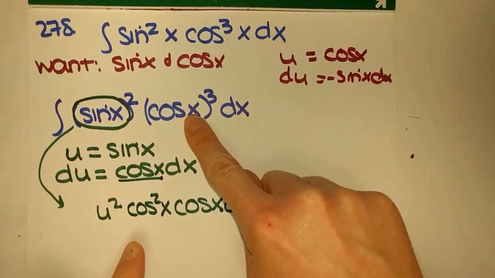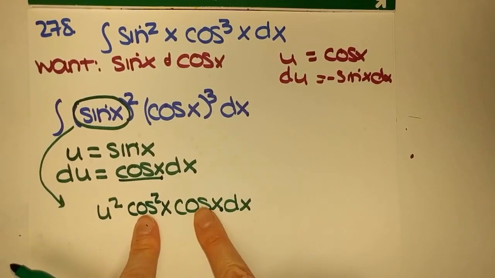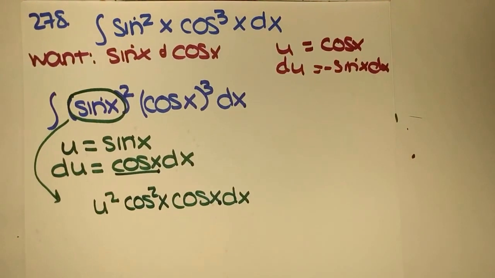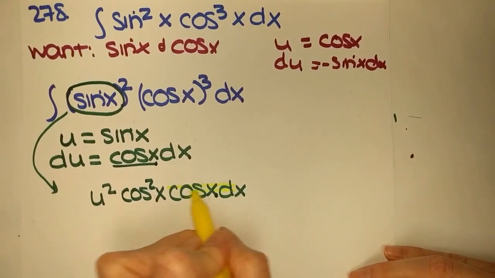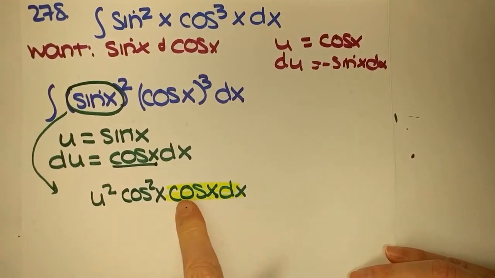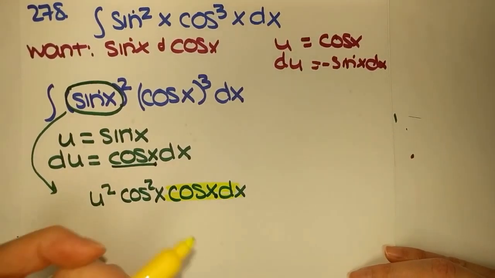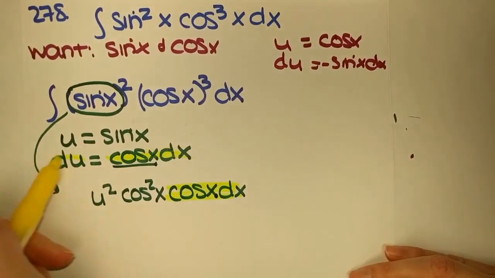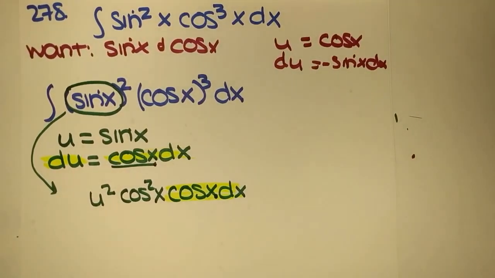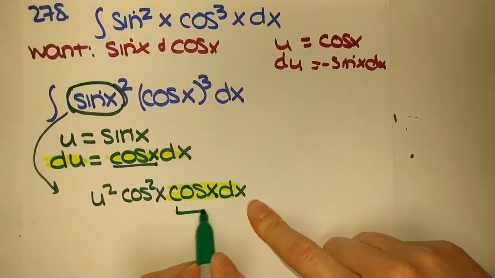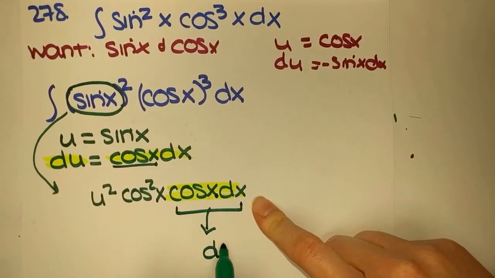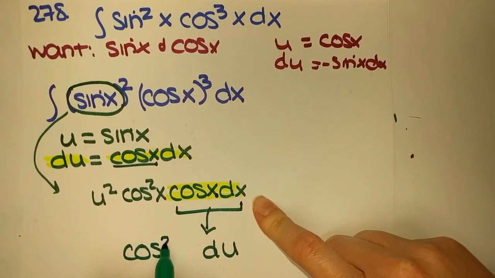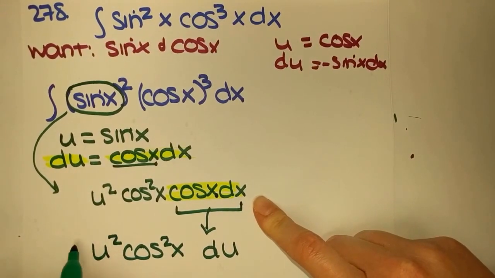So this cosine x cubed would be cosine squared x times cosine x, and we're breaking this apart because we're a fan of the fact that cosine x dx is equal to our du. So if we split apart the cosine cubed, we get cosine x dx as our du, and then cosine squared x, and then u squared.